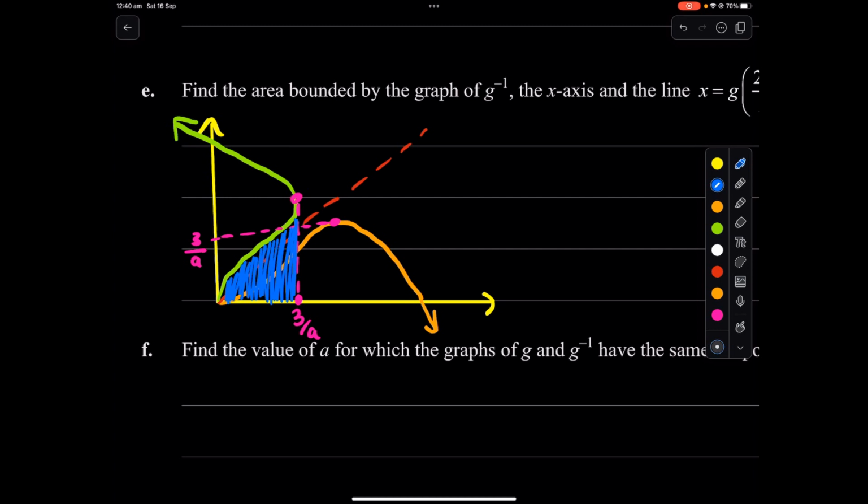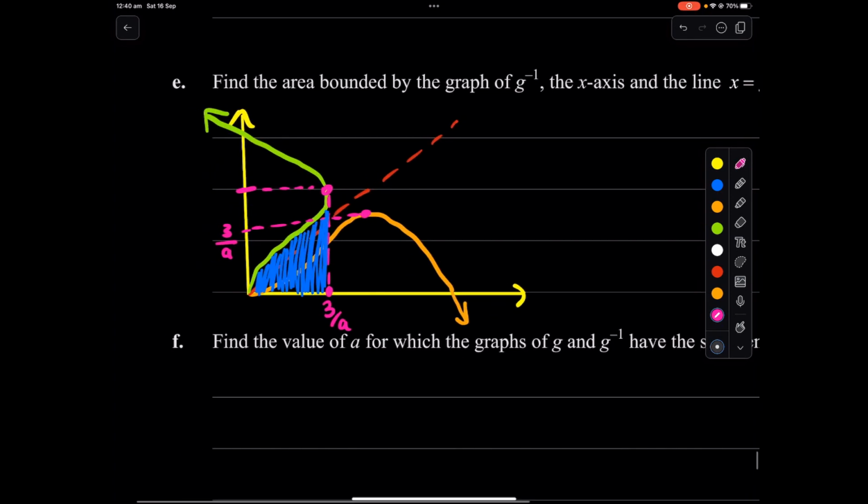Well, actually, I'm just trying to think. If this is the point 3 on a, this point over here is what? And what's this point too?